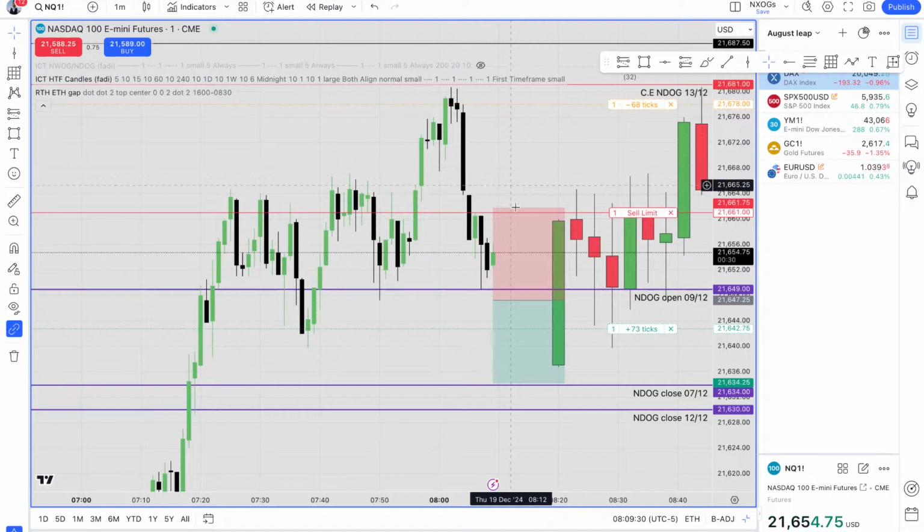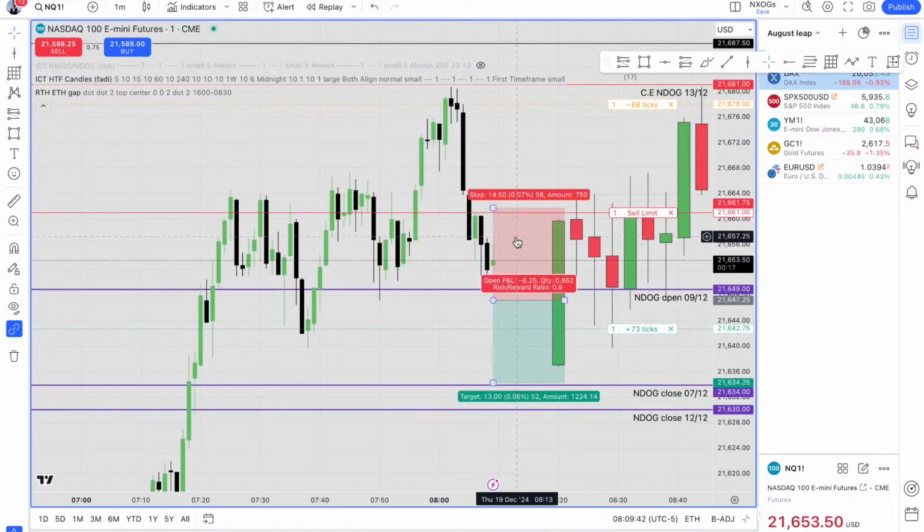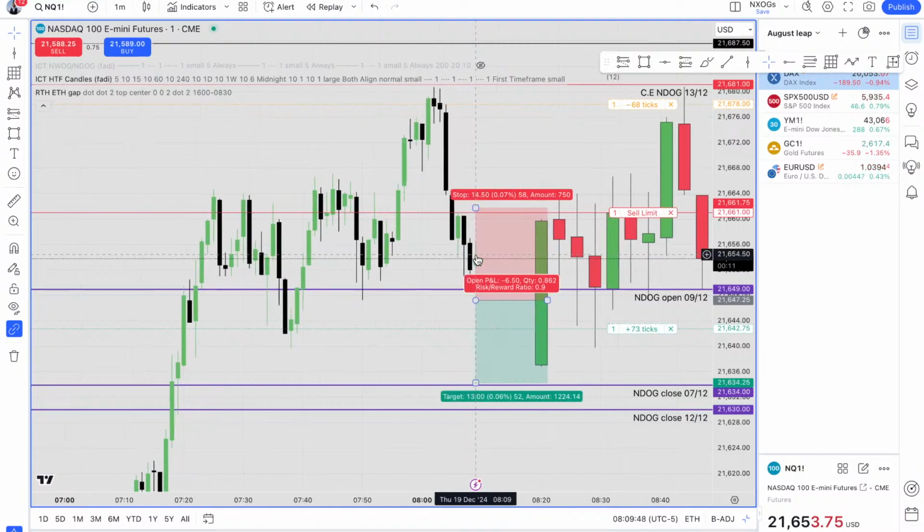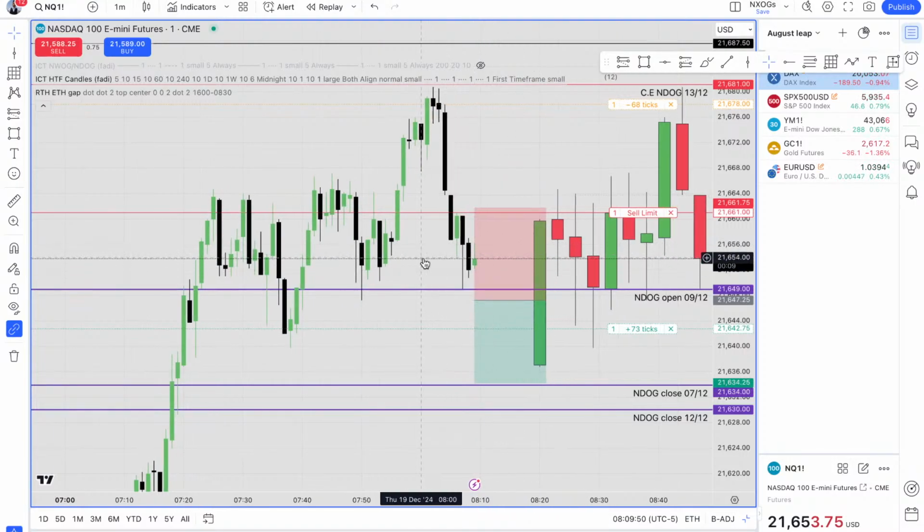So let's see if initially first it will touch my limit order or not. Honestly, for now, it will be a red flag if it does, because it will violate this order block, right?